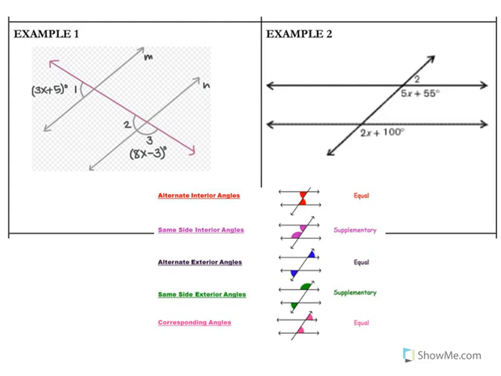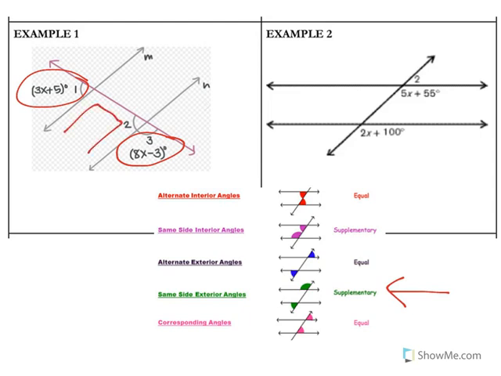So if I look at example 1, I'm interested in trying to figure out the relationship between angle 3 and angle 1. When I look down at my visuals, I'm noticing that these are same side exterior angles. They're on the same side, but they're both outside of the little interior section.